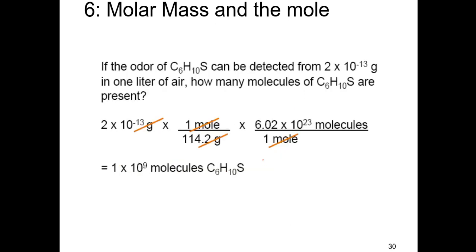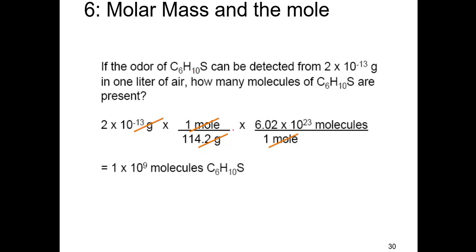So last example, in this case, we're going to be going from grams to moles and moles to molecules. So we start off with grams right here with 1 sig fig. We then use molar mass, so we have to calculate that out. And that was from a cheap periodic table because it only goes to 1 decimal place.